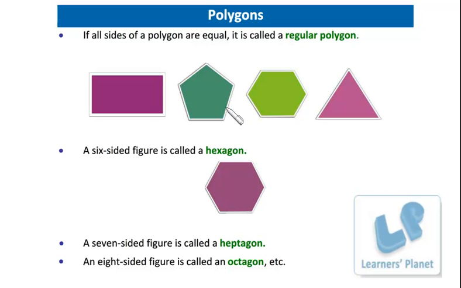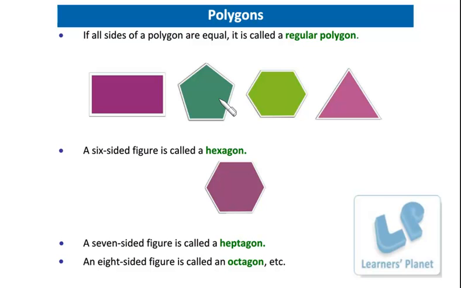Here we can say pentagon. When there are four sides and four angles, it is a quadrilateral, right? A four-sided figure is known as a quadrilateral. Then there are different types of quadrilaterals, depending upon the length of their sides: parallelogram, rhombus, square, rectangle and so on.